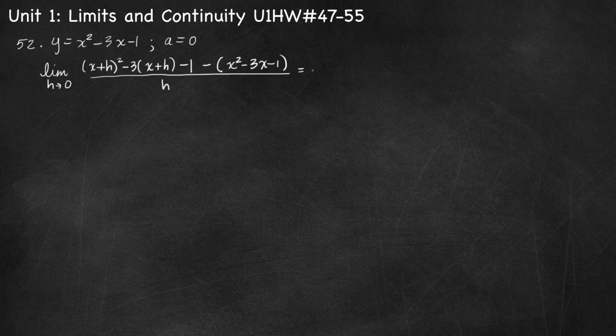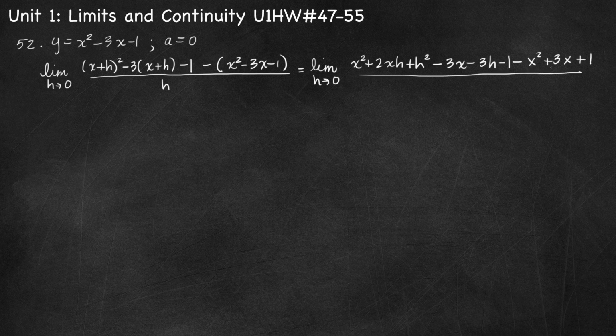So we have quite a bit of simplifying to do here. This is going to be the limit as h approaches 0 of x squared plus 2xh plus h squared minus 3x minus 3h minus 1 minus x squared plus 3x plus 1 all over h. So let's see what we can cancel out.